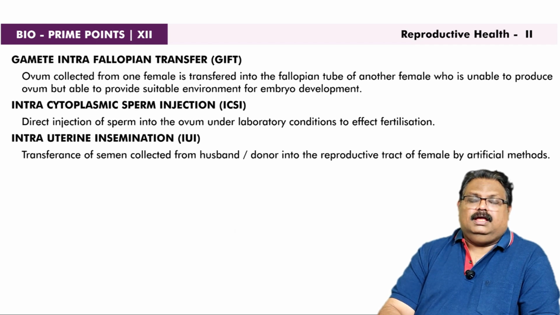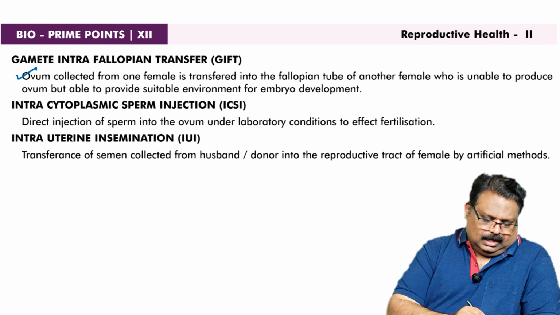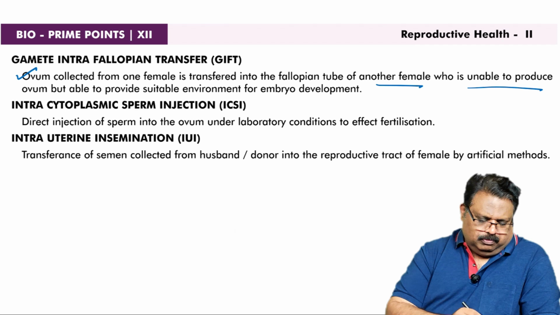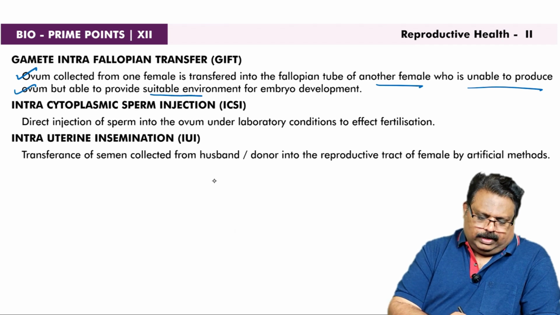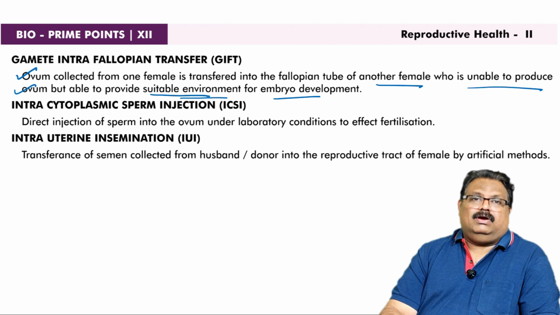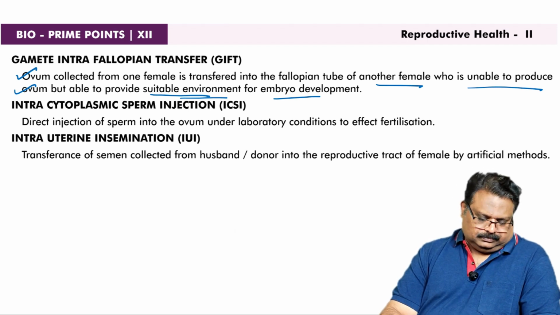That process is called gamete intrafallopian transfer. That is, ovum collected from one female is transferred into the fallopian tube of another female who is unable to produce ovum but able to provide a suitable environment for embryo development. That mechanism is called GIFT, gamete intrafallopian transfer.